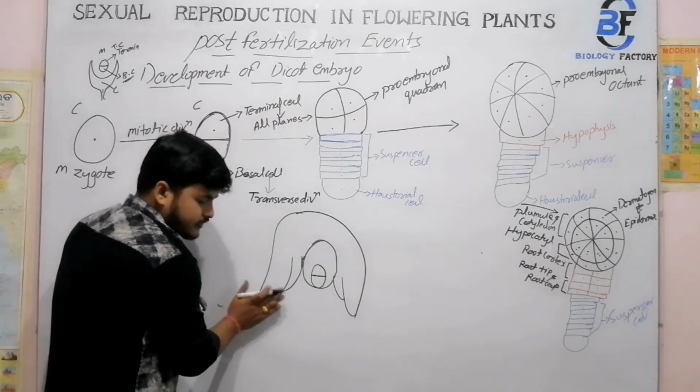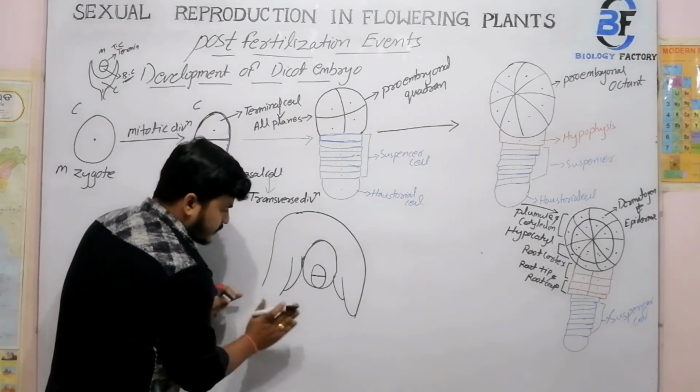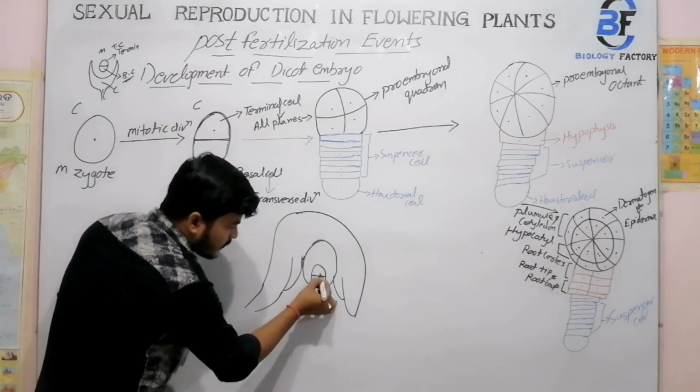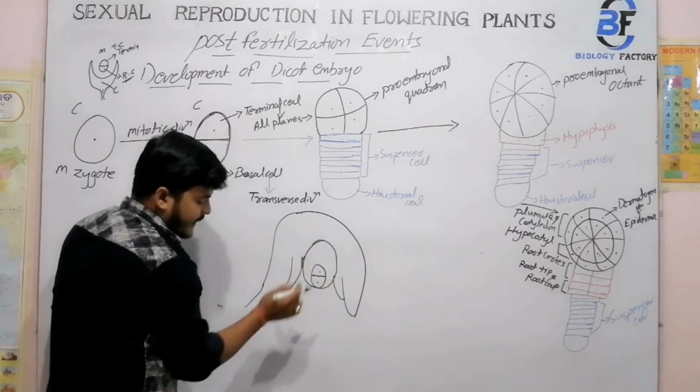I just roughly drew this diagram, don't judge it actually. So what happens here? Here is the zygote.